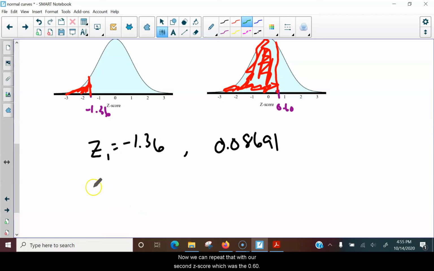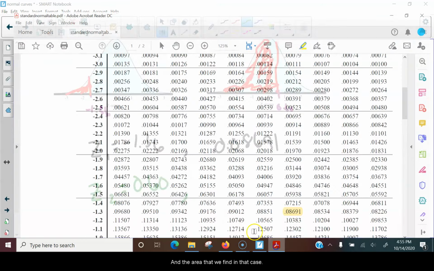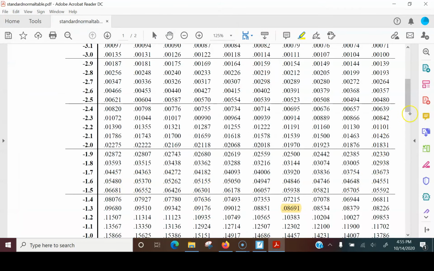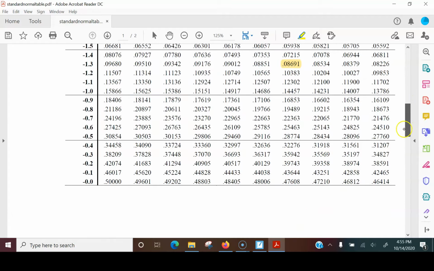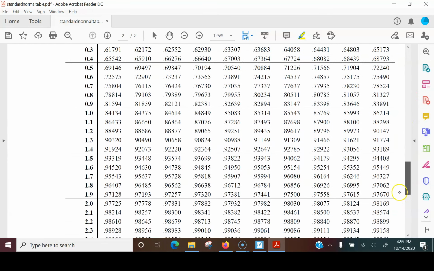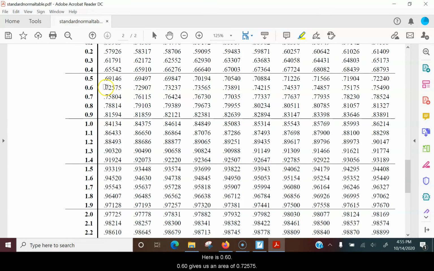Now we can repeat that with our second z-score, which was the 0.60. And the area that we find in that case, here's 0.6, 0.60, gives us an area of 0.72575.